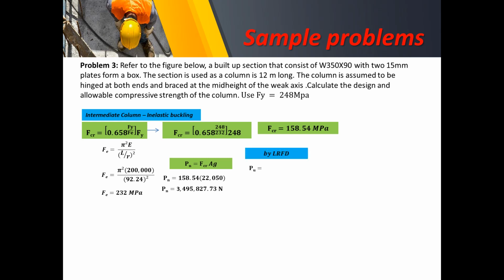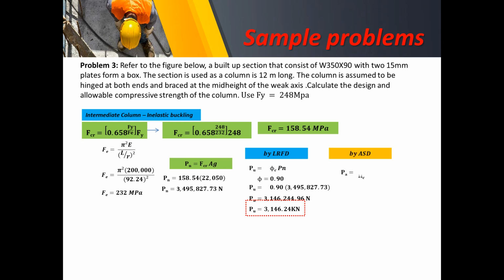By the load resistance factor design, we have to multiply your nominal strength by 90%, and that will be equal to 3,495,827.73 times 0.9, that is 3,146.24 kilonewtons. This is the design strength.